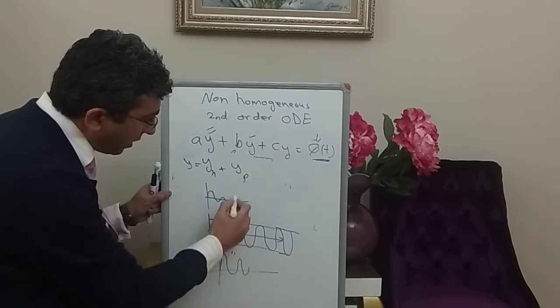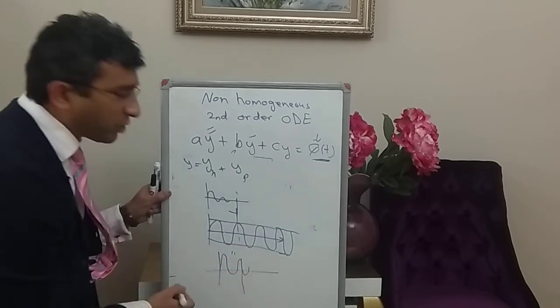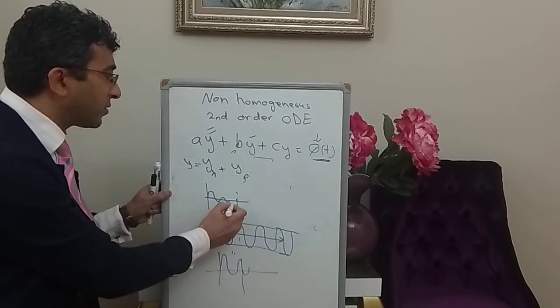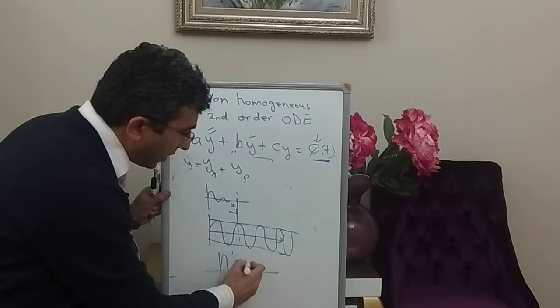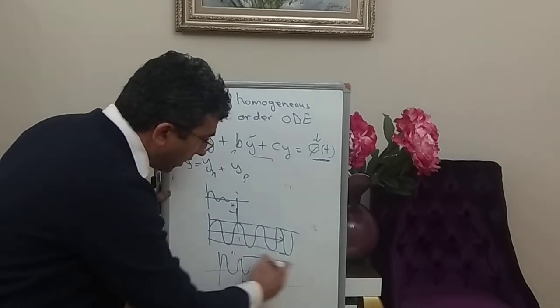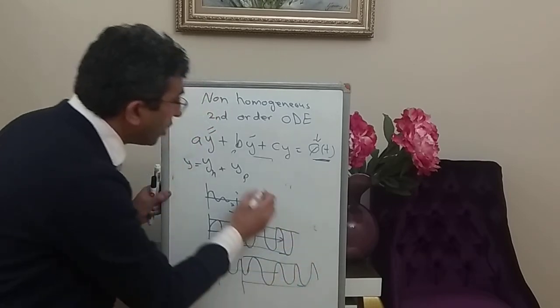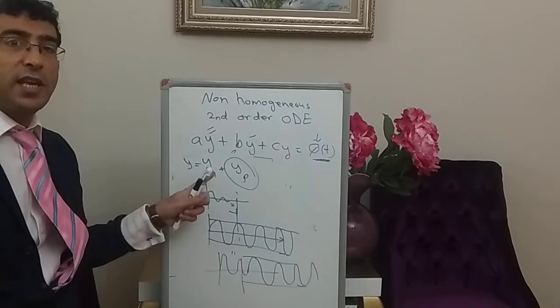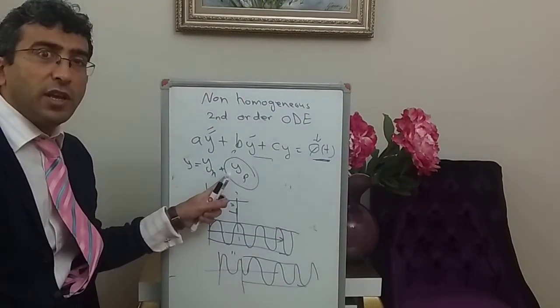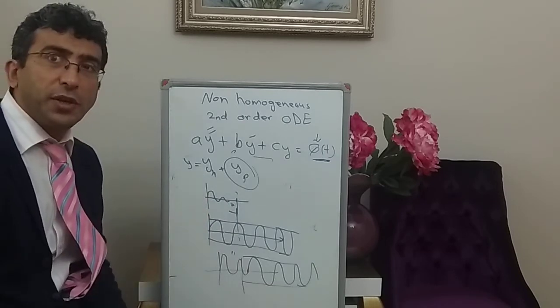Then after a very short period of time, maybe 5 seconds or 7 seconds, you don't know, the steady state solution, or the particular solution, will control. So the particular solution is more important than the homogeneous solution.